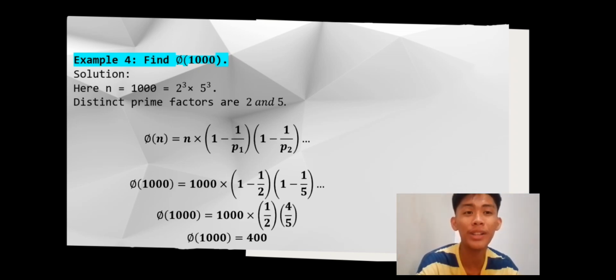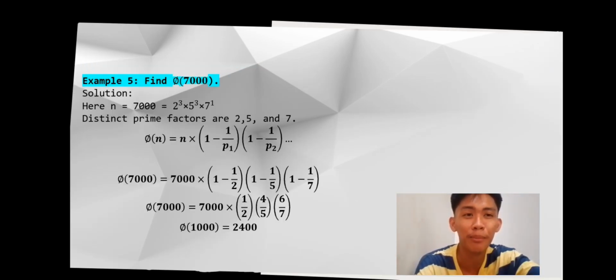So phi of 1,000 is equal to 1,000 times the quantity of 1/2 times 4/5. If we calculate this, the result will be 400. Therefore, there are 400 numbers that are relatively prime to 1,000.